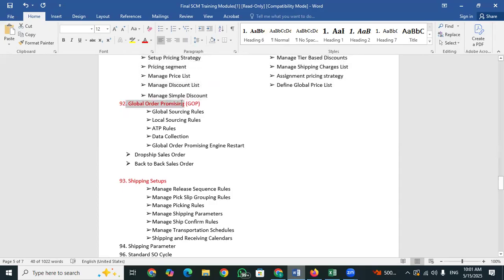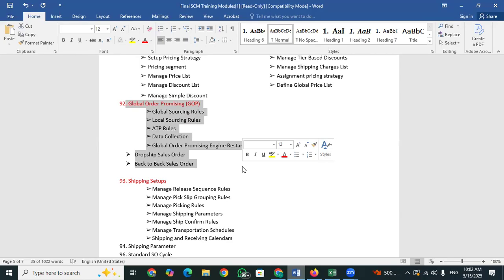Then global order promising, one of the important modules. Global order promising means even if we don't have on-hand quantity in our organization, when a customer books a sales order, we promise that customer we are providing the material on time. For example, when you book anything on Amazon or Flipkart, even if they don't have on-hand quantity, they always show that it is available. Why?